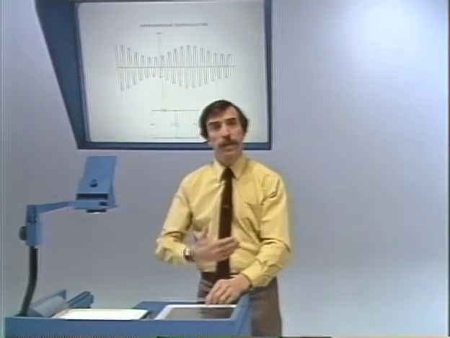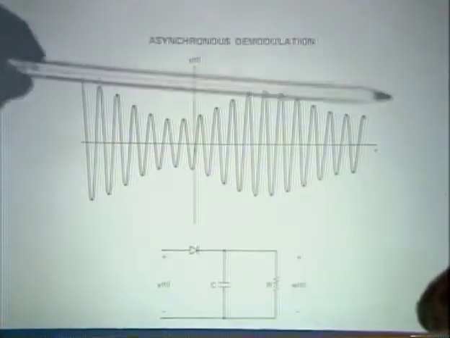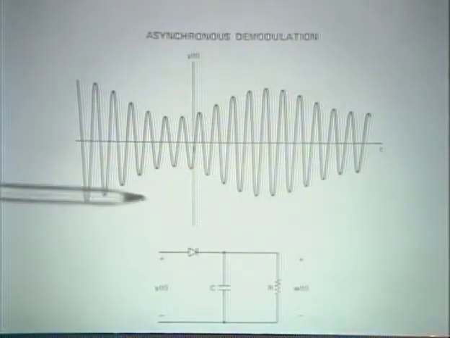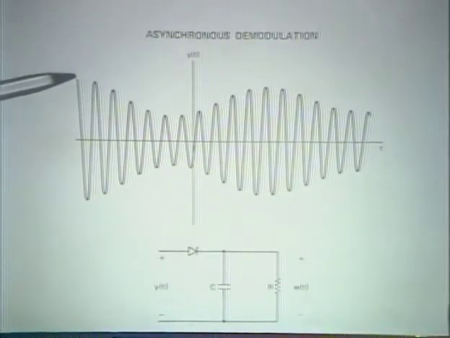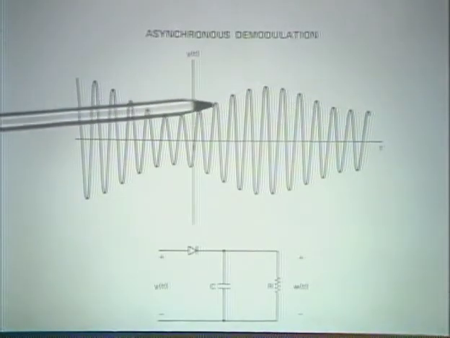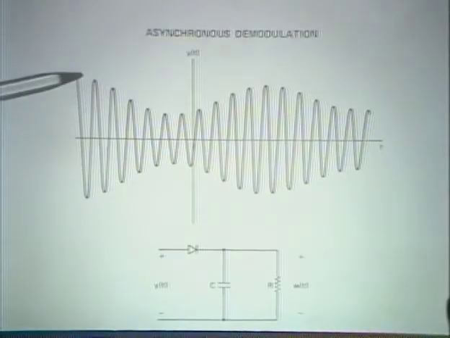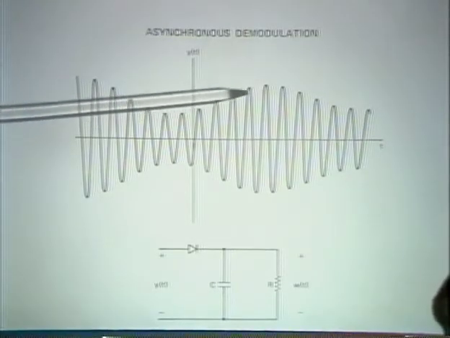So if we look at the amplitude modulated waveform, it might typically look as I indicate here. And what we're trying to get back is the envelope. Well, one could imagine building a circuit or designing a device which in some sense will track the envelope.